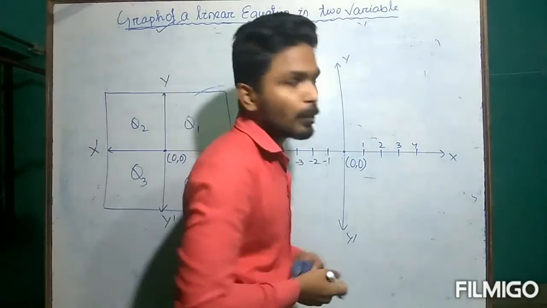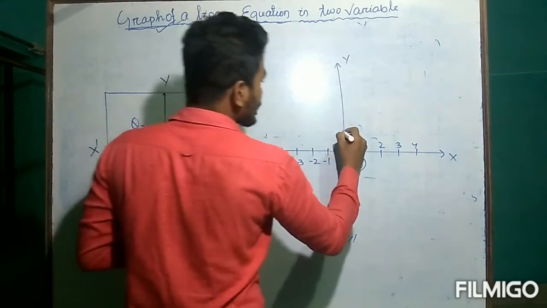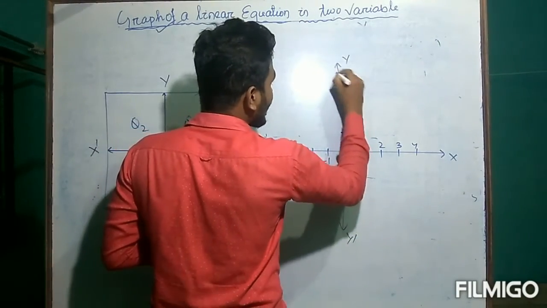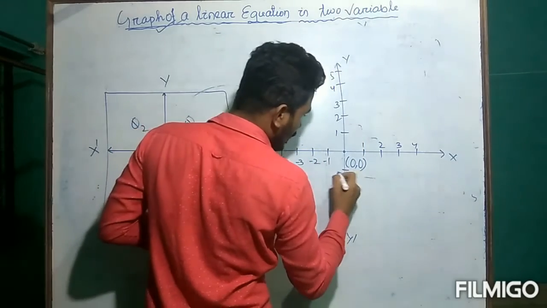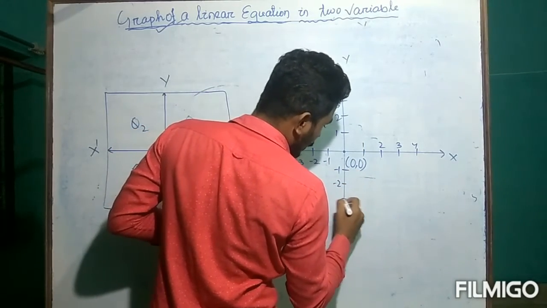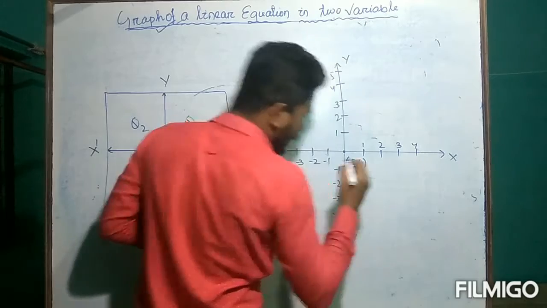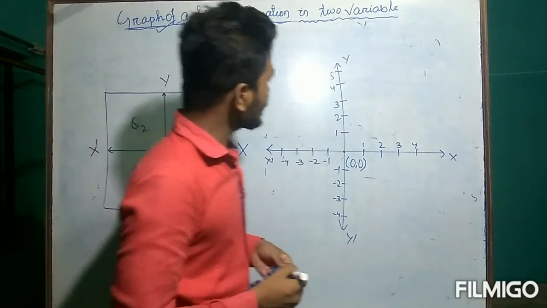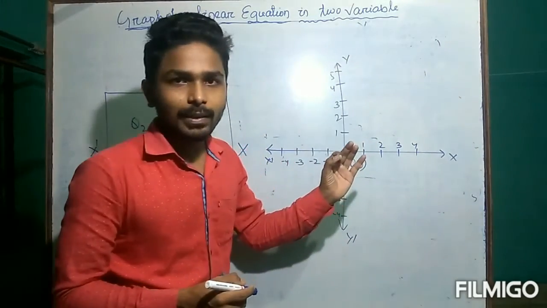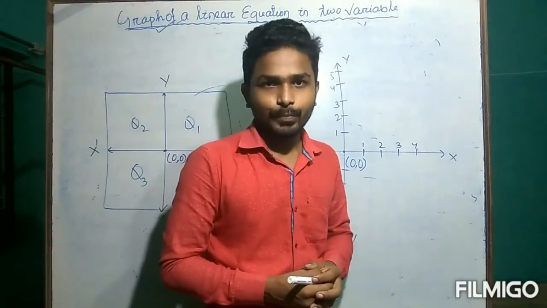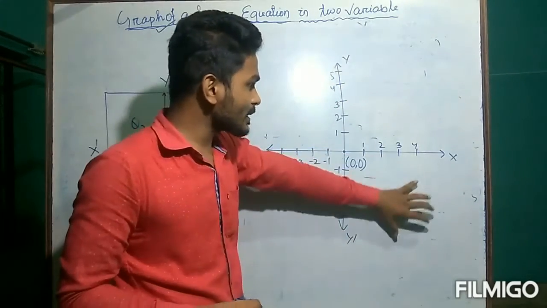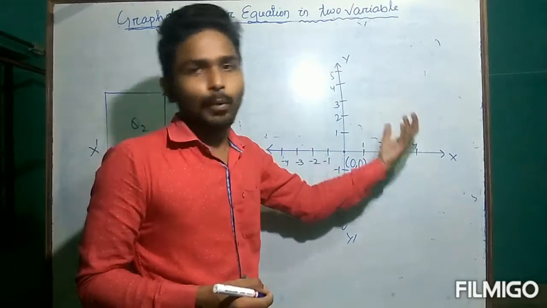Towards the upward direction you have the positive direction for the y-axis, 1, 2, 3, 4, 5, and towards the down we have the negative direction for the y-axis. So any point can be represented on this Cartesian coordinate system.